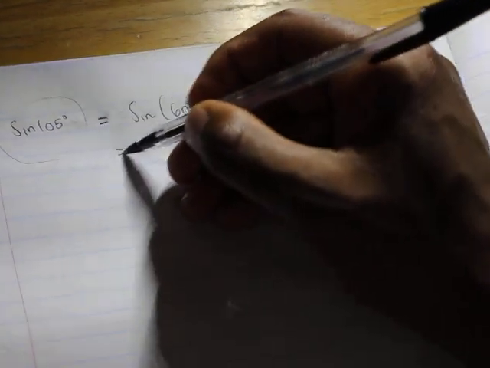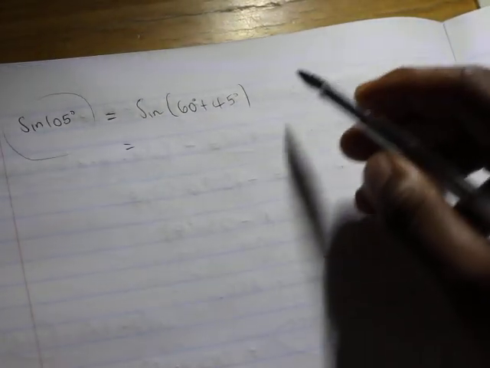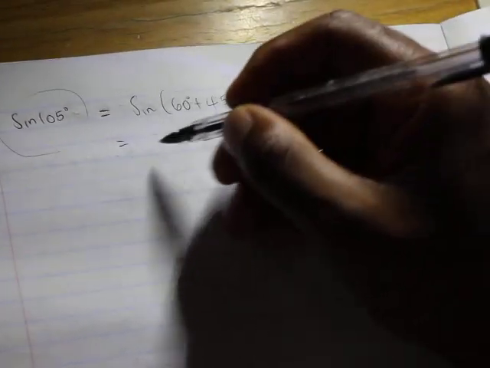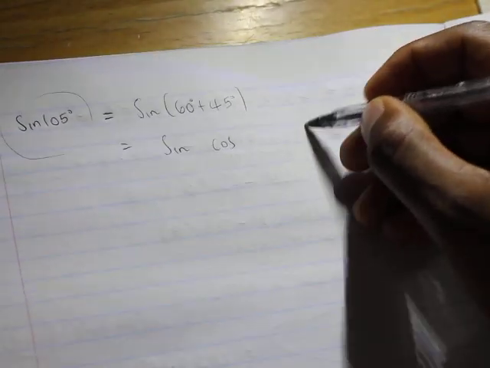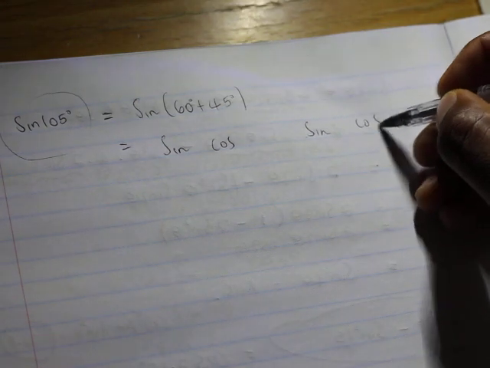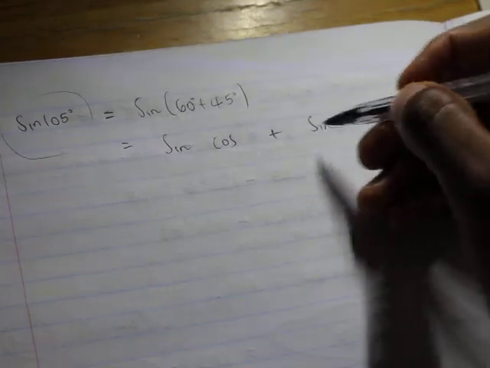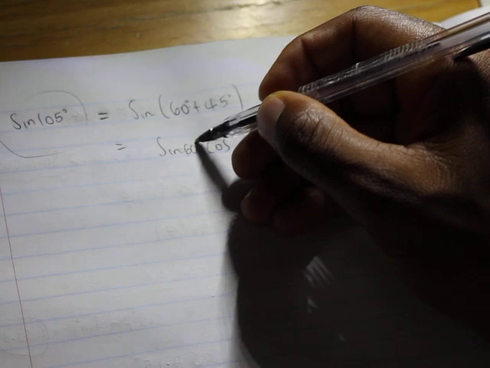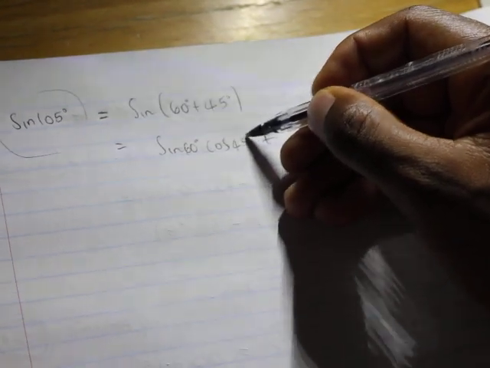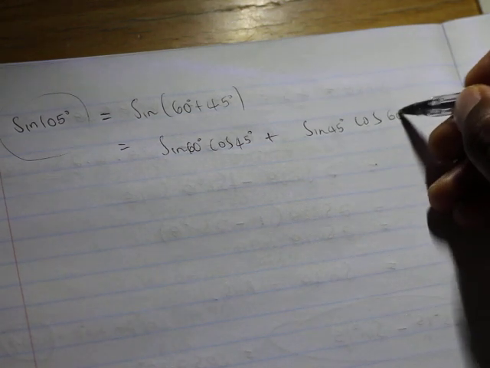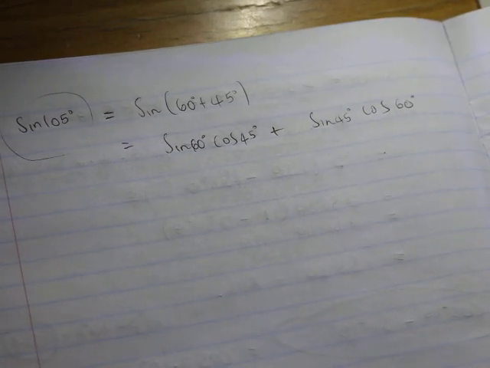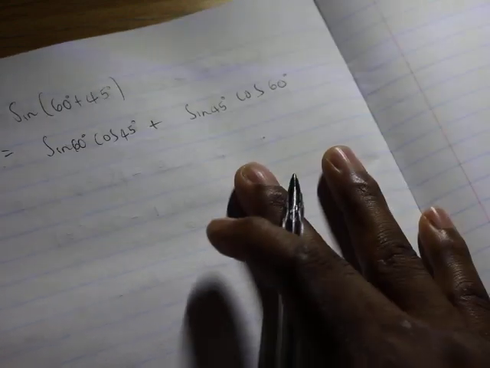You can see that now. We've got two special angles, and this is a compound angle. So sine, cosine, sine, cosine. The middle sign is just going to be positive. We all know that. 60 degrees, 45 degrees, and then 45 degrees, 60 degrees, and we're done with the expansion.